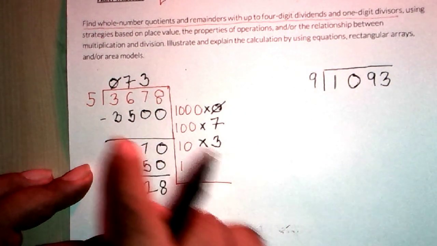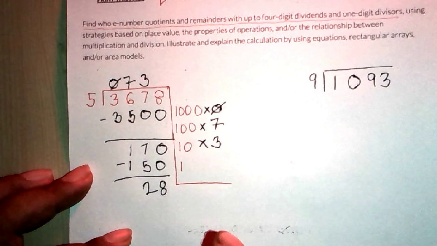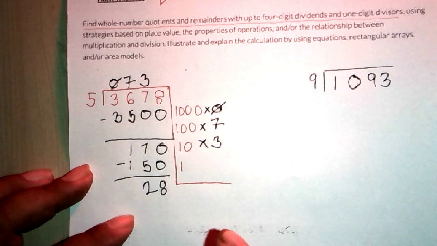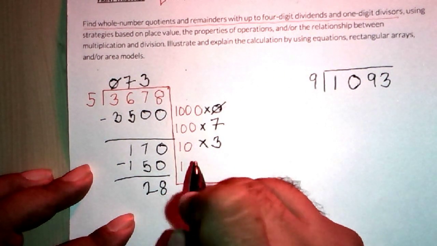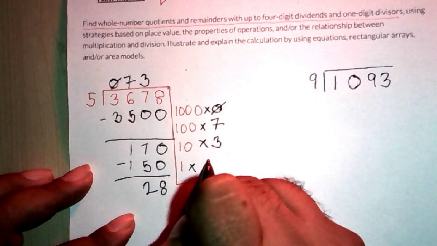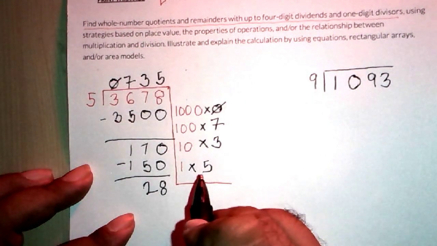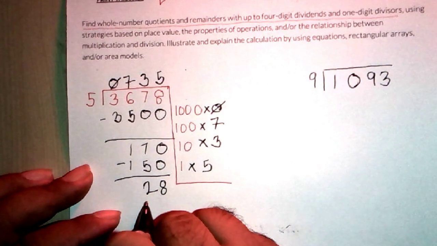How many times would the 5 go into 28? That would be 5 times. 5 times 5 is 25.